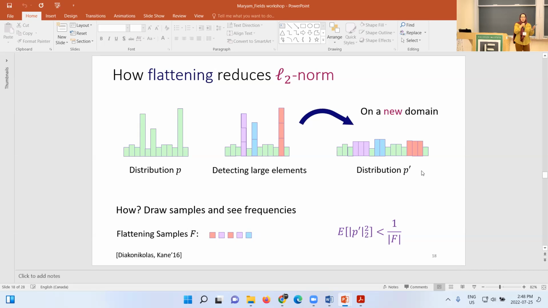In that way, we reduce the maximum probability, reducing the L2 norm of the distribution. We call the set of samples for determining this mapping the flattening sample set. And the frequency of each element in this sample set determines into how many parts we are going to divide that element.